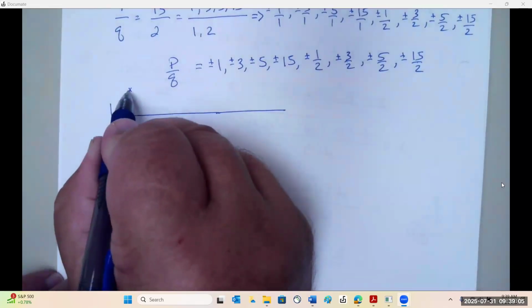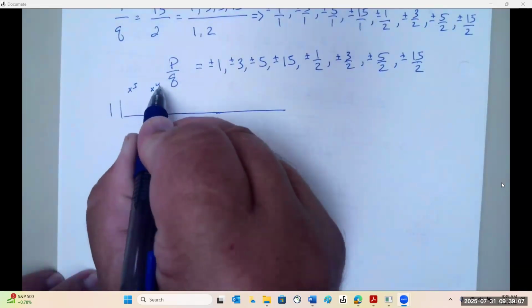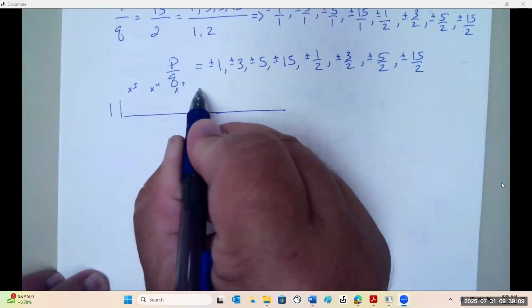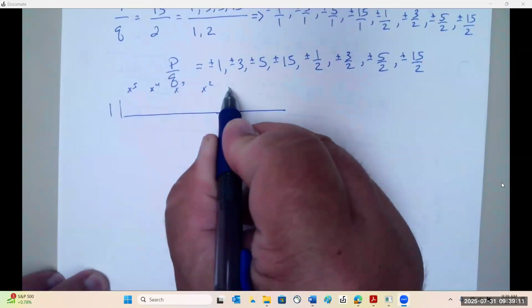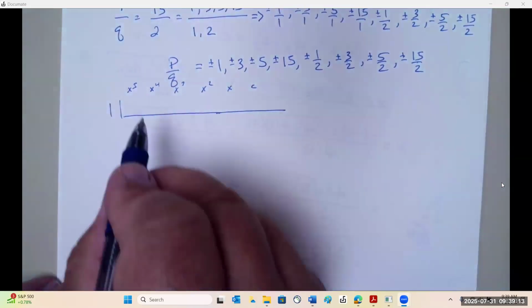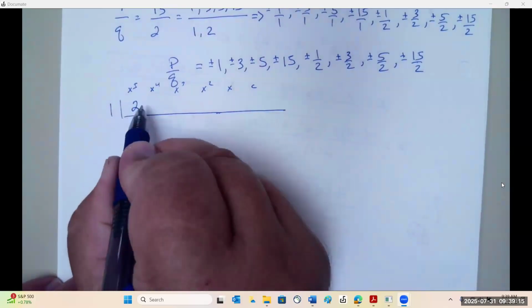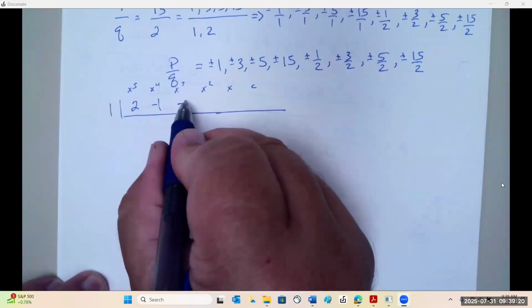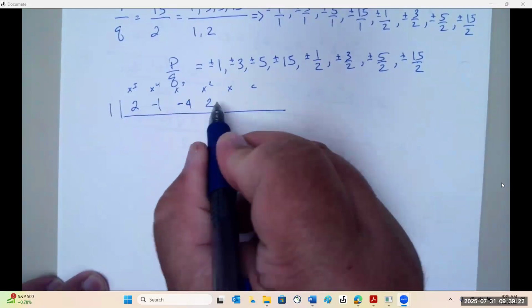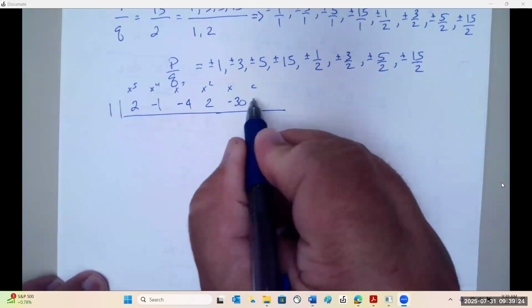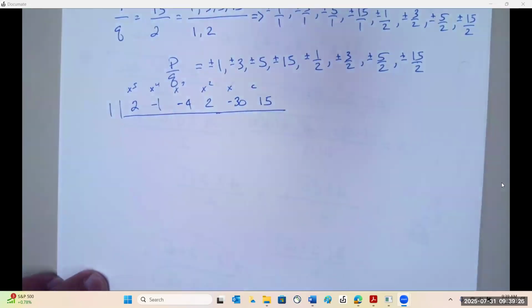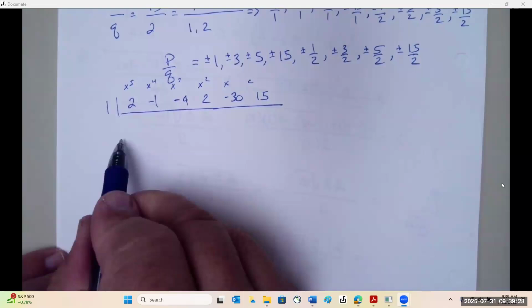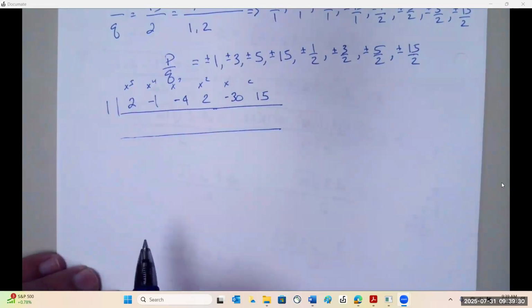So x to the 5th, x to the 4th, x cubed, x squared, x, and constant. So we have 2, minus 1, minus 4, 2, minus 30, and 15. Those are my coefficients.